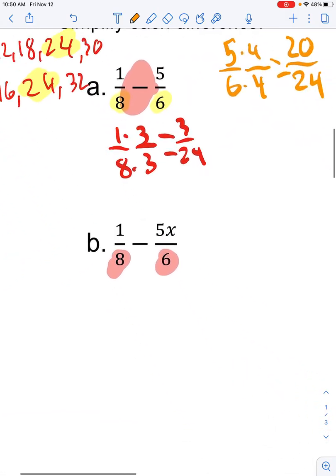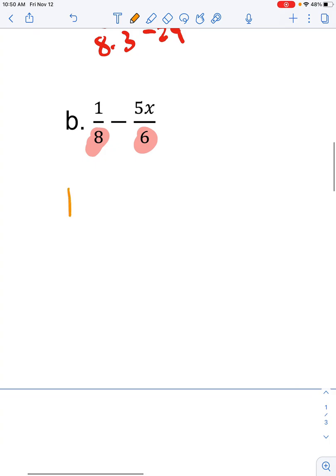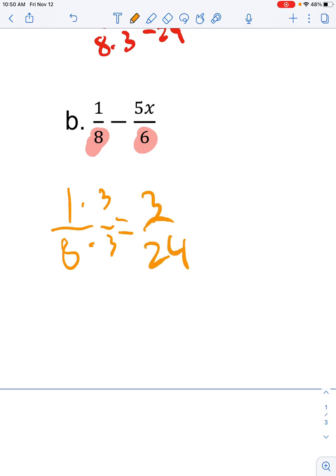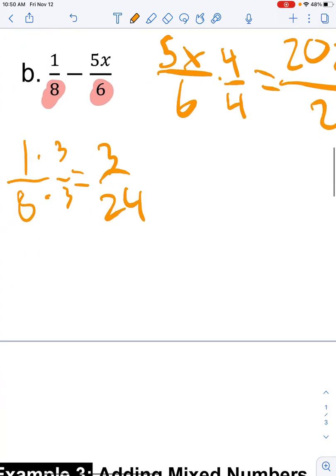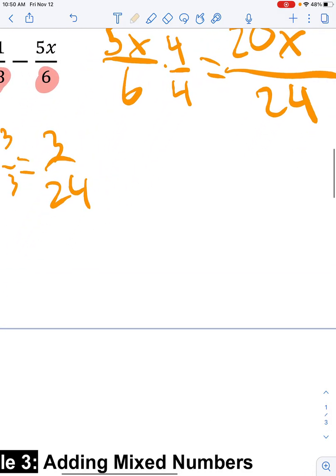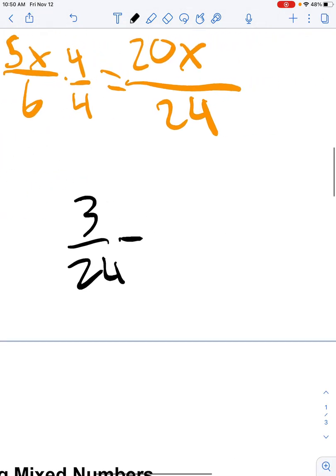All right, very similar. We don't have the same denominators. The good news is we already figured out what is common. So I'm going to set it up. 1 over 8 multiplied by 3 over 3 gives 3 over 24, and then 5x over 6 multiplied by 4 over 4. 5 times 4 is 20x. 6 times 4 is 24.